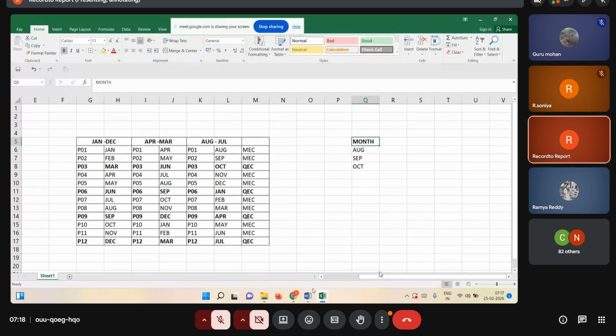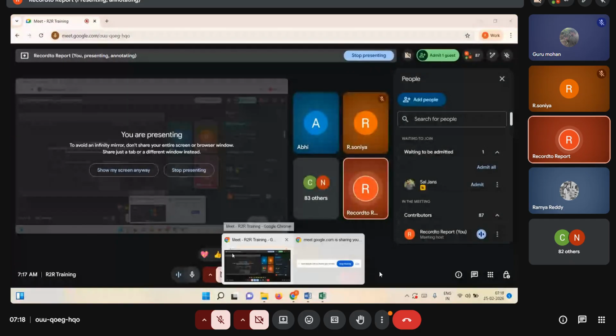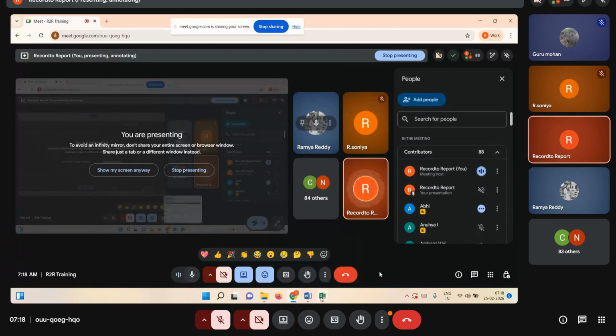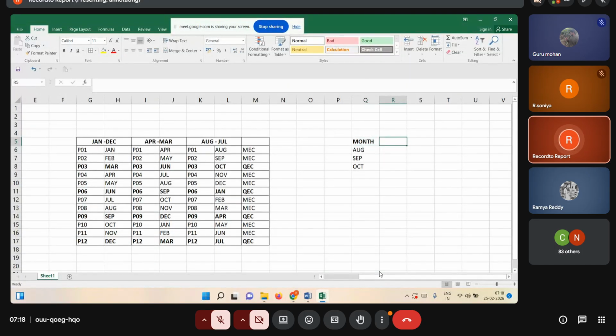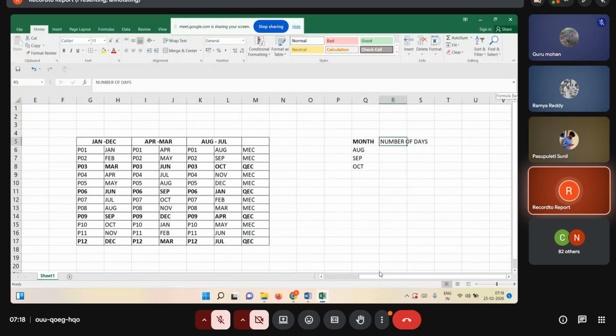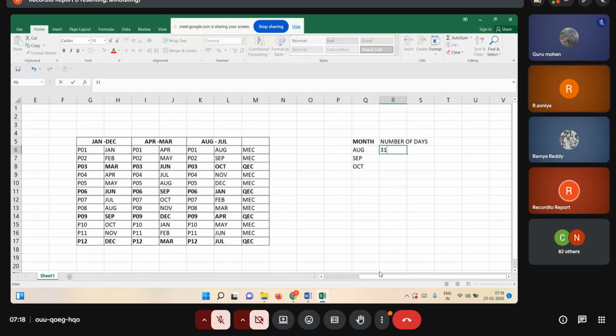But the financial calendar is completely decided based upon our day-to-day working days, guys. So see here, number of days. In August, how many days? 31.